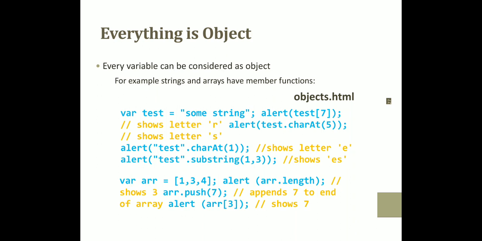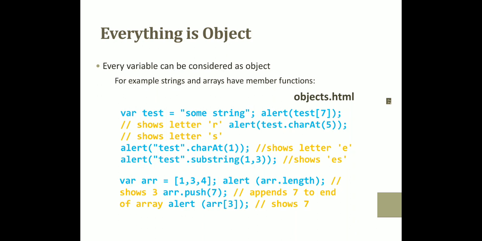That test of 7 will show the letter R because it is at position 7. Then alert test dot char at 5 will show the letter S. You can see the types I am using for calling that variable: alert test of 7 in the first, then alert test dot char at in the second line. But they all are doing the same job.